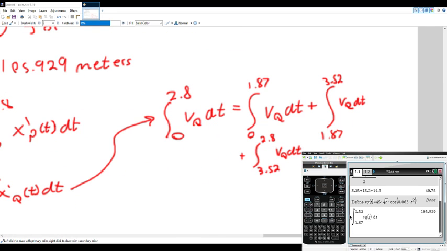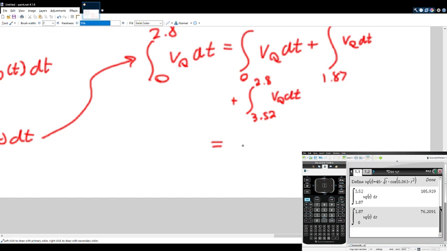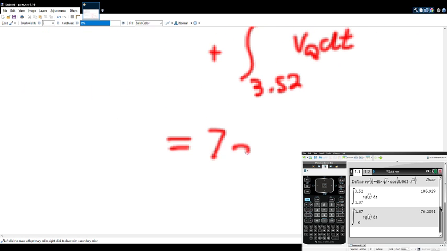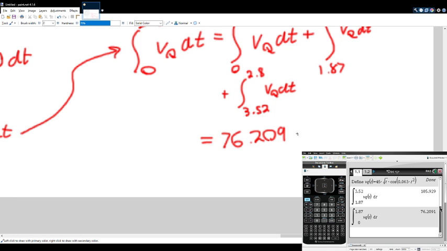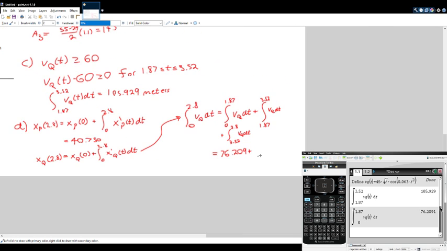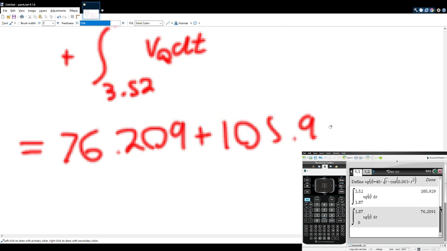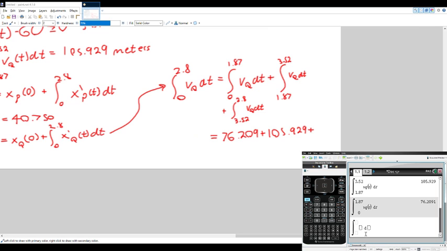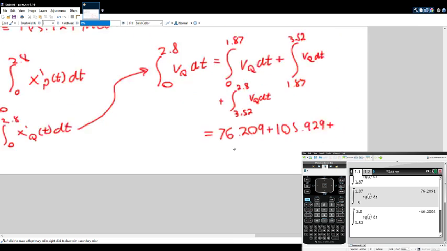So from 0 to 1.87, the integral of vq of t dt is 76.209, plus the answer we had from previously, which was 105.929, plus the other integral here, from 3.52 to 2.8 of vq of t dt, which is negative 46.201.